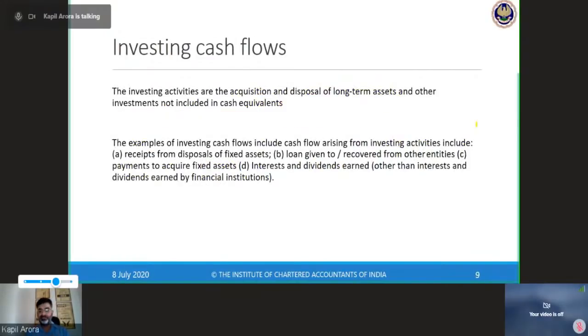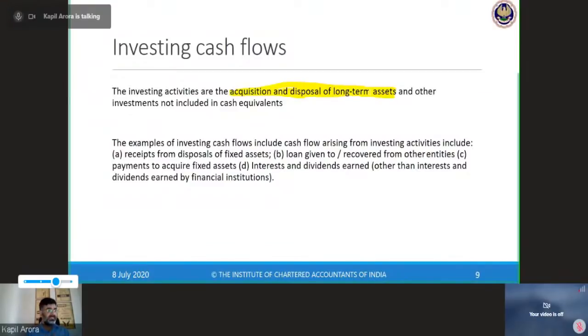Second point, cash from investing activities. Investing activities are actually nothing but the acquisition and disposal of long-term assets, other than investments which are included in cash equivalents. Right? So, Pratik, royalty.